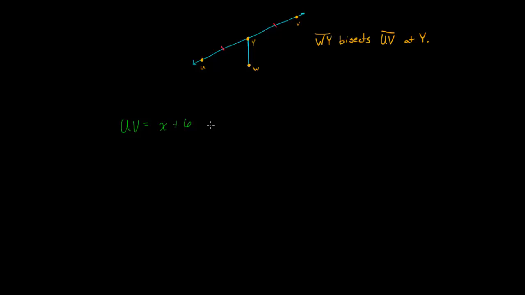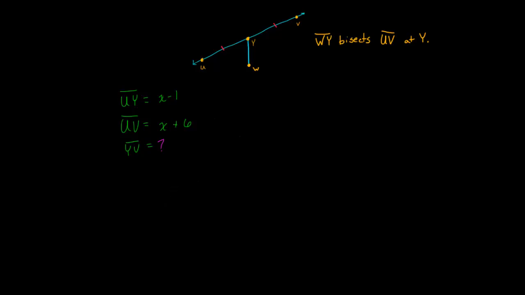And then it also tells us that UY, these are both segments, equals x minus 1. Now it asks us to find YV. It wants to know what YV is. I'll put my question mark there for YV.